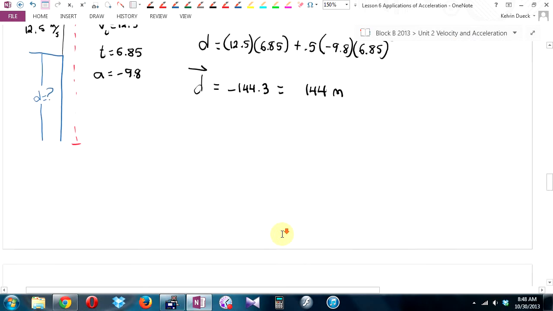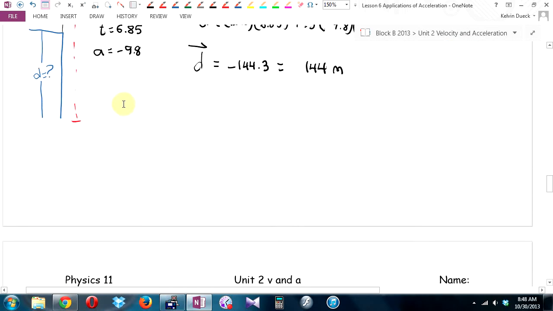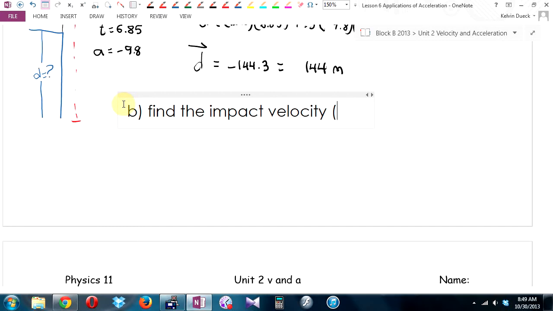Before we turn the page, you have some room at the bottom here? Cool. Find the impact velocity. Find how fast it's going when it hits the ground. Now, from now on, I'm not going to call it the impact velocity. I'm going to say find the final velocity, and I'm going to expect that you clue in.